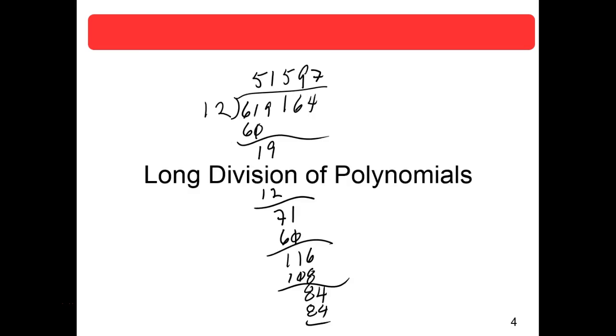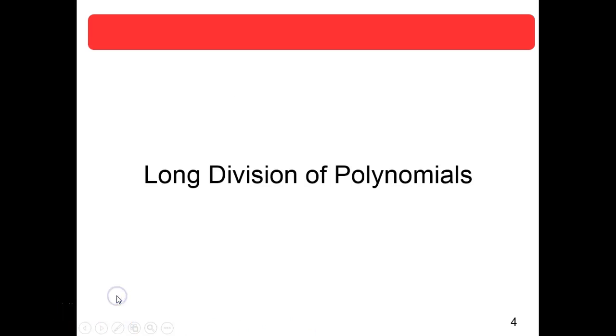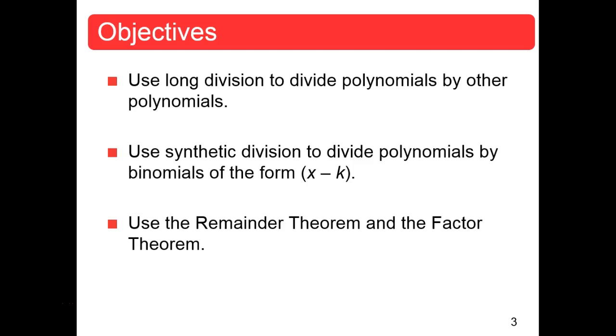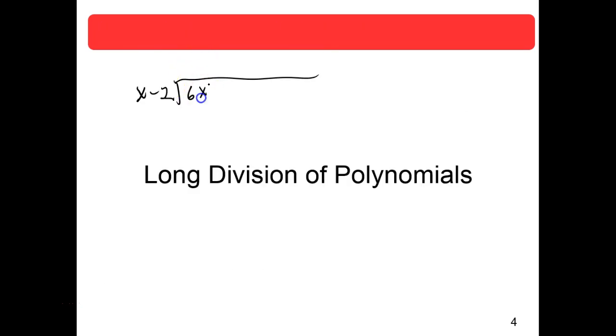So let's go back here, clear out our chicken scratch here, and do it. X minus 2 will go into 6x cubed minus 19x squared plus 16x minus 4.